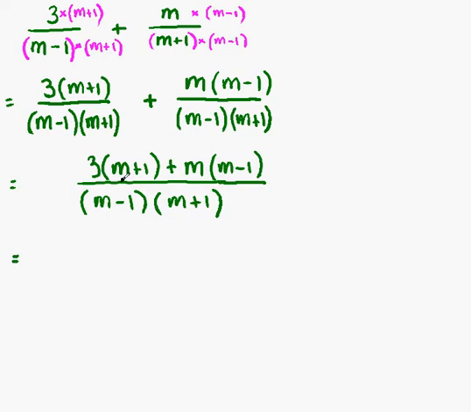Okay, so the next thing we're going to do is multiply the brackets out in the top line to see if we can simplify. So first of all, what we'll do is we'll put down the denominator again.